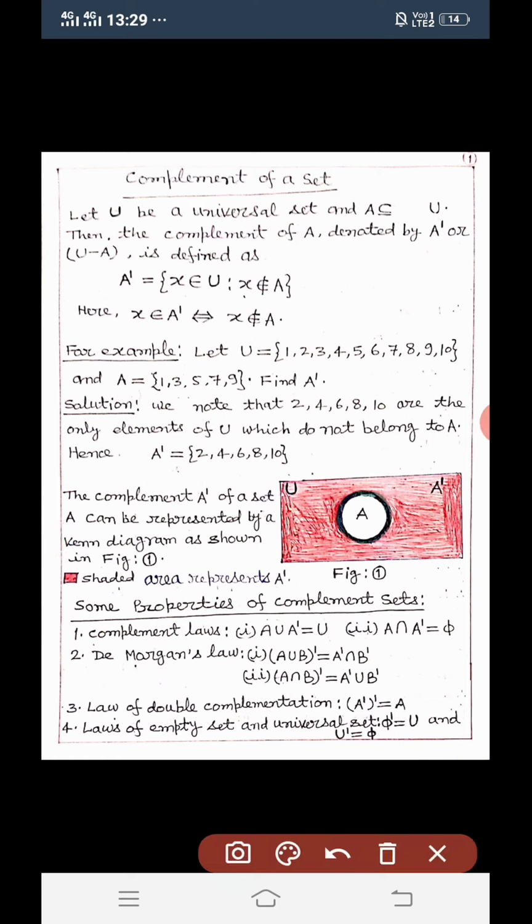Today I am going to discuss the complement of a set.